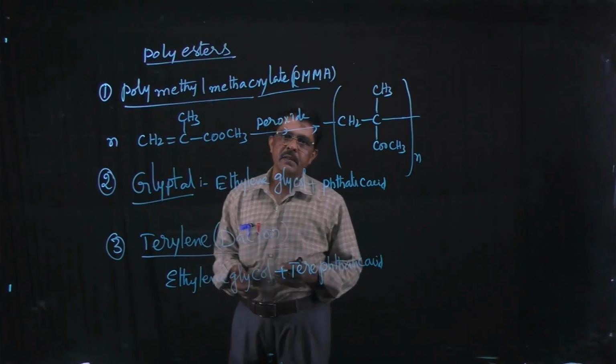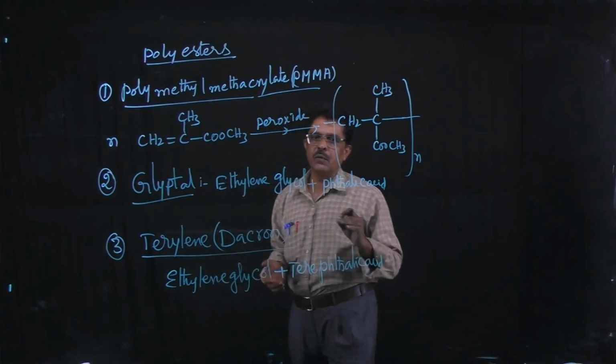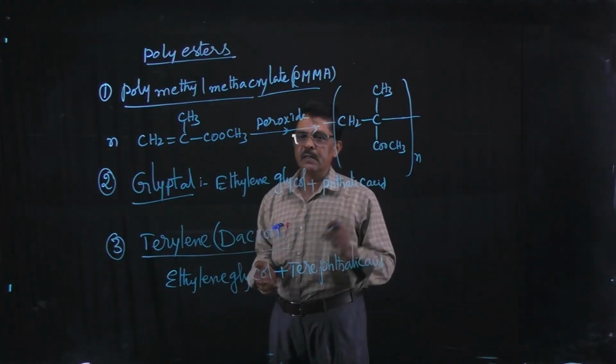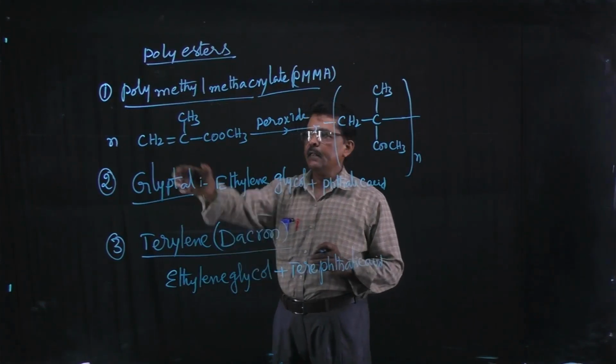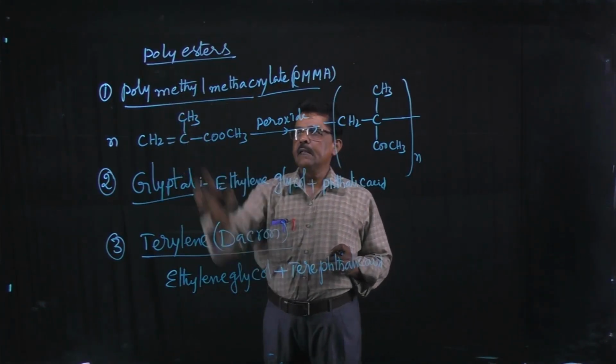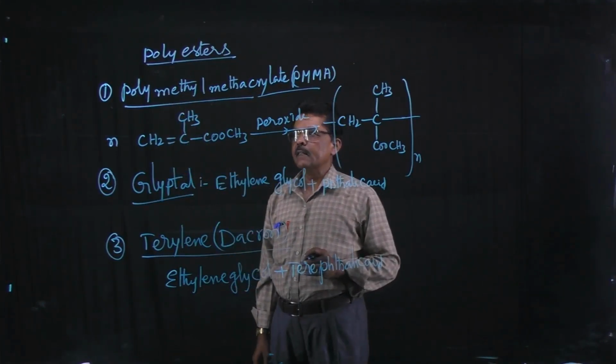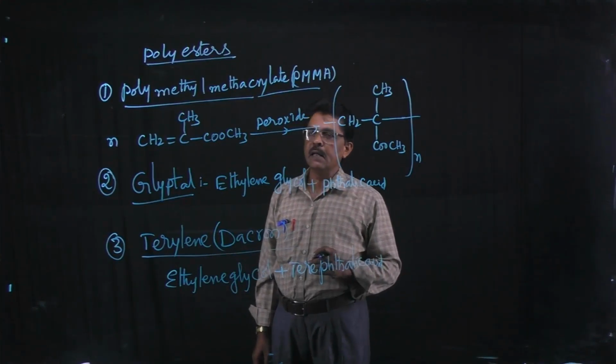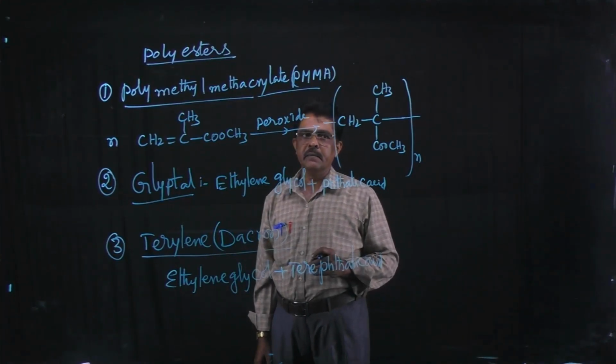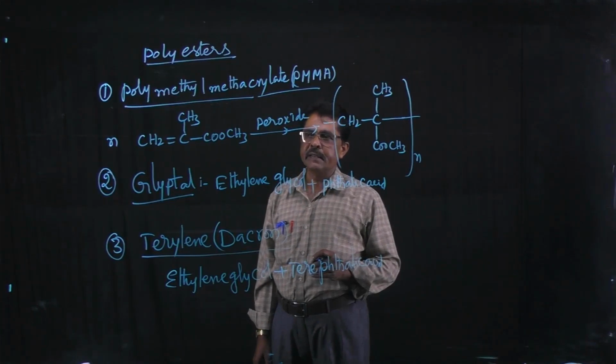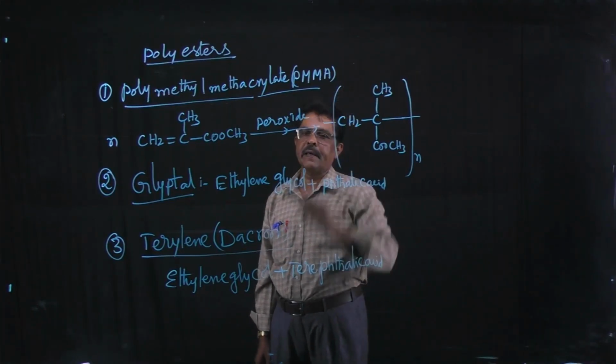Ester means what? RCOO functional group is present, RCOOR. Here, first example of polyesters is polymethyl methacrylate, PMMA.